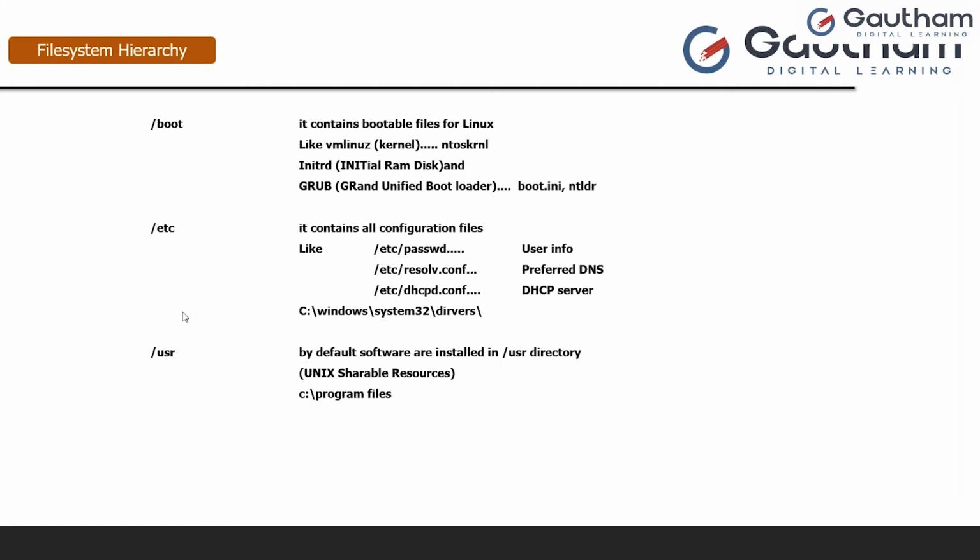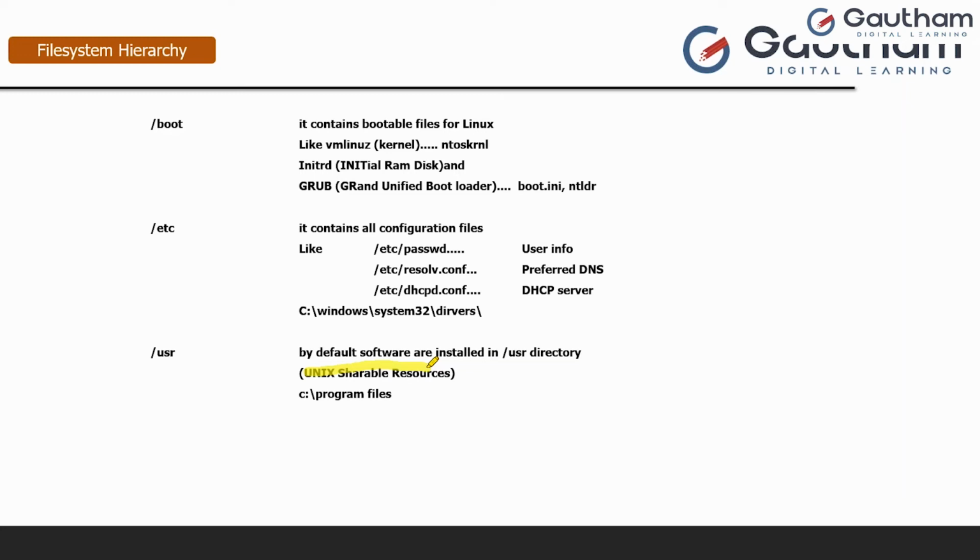But believe me, there is nothing associated with the user in this directory. It contains software that you install in your system. Basically, USR stands for Unix Shareable Resources. It does not have anything related to user. It's the default directory where all your software will get installed.